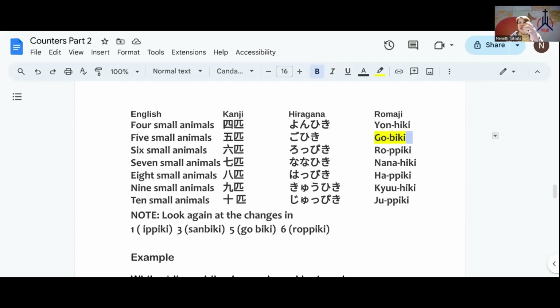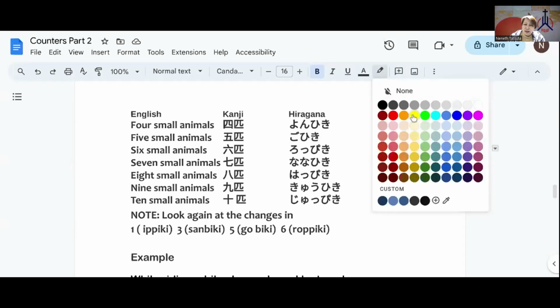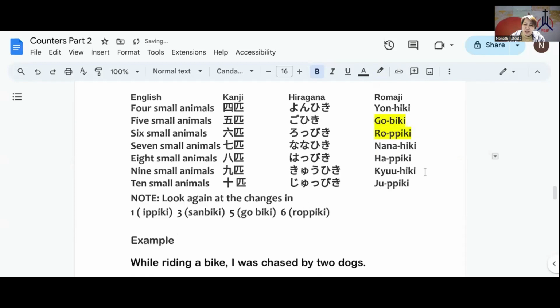Always it is the number one, the number 3, the number 6, the number 8, and ten almost the same. So roppiki.